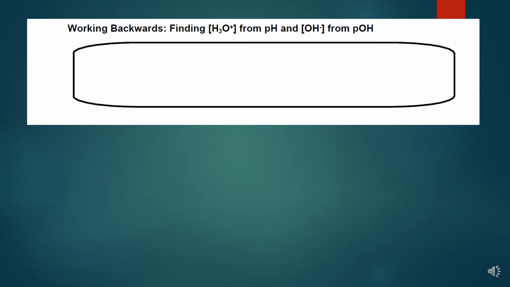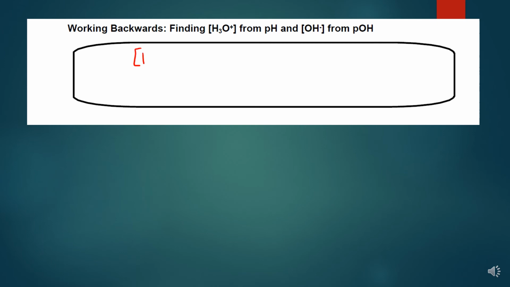Okay, next is working backwards, where we want to find the concentration of hydronium from a pH or the concentration of hydroxide from a pOH. So this is doing an inverse log or an anti-log, trying to do the opposite.